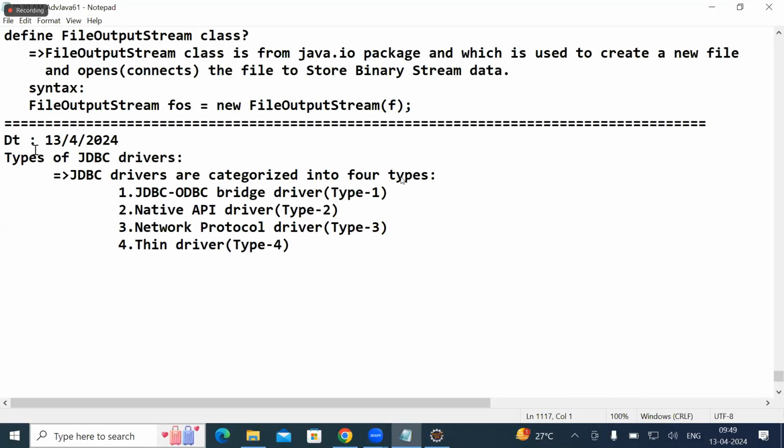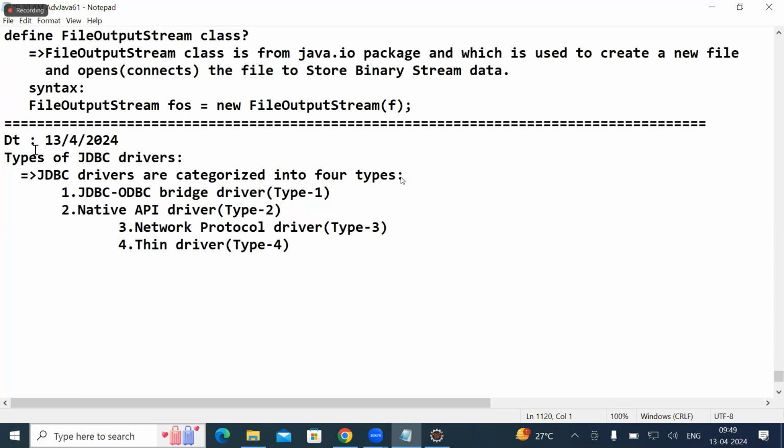Make a heading: types of drivers. Types of JDBC drivers. JDBC drivers are categorized into four types: JDBC-ODBC bridge driver, native API driver, network protocol driver, and thin driver.